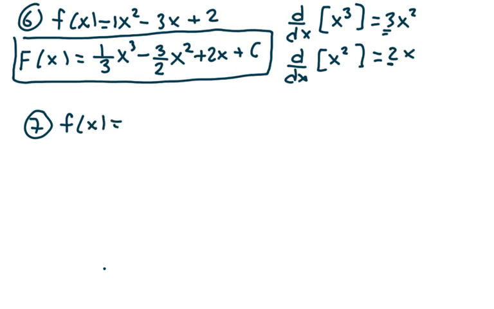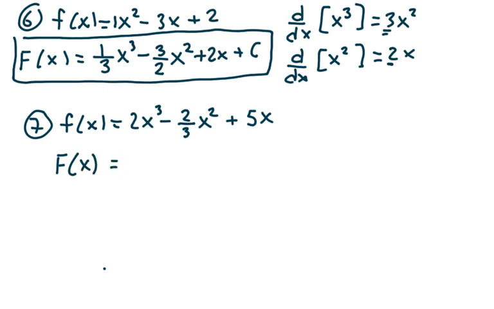So if I have f of x equals 2x cubed minus 2/3 x squared plus 5x. And remember, we're trying to think backwards now, which means we're going to move up a degree.